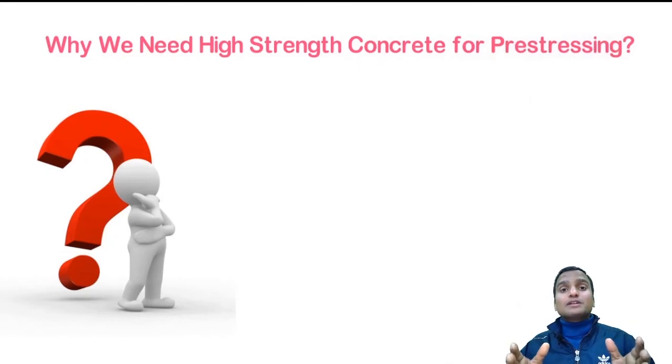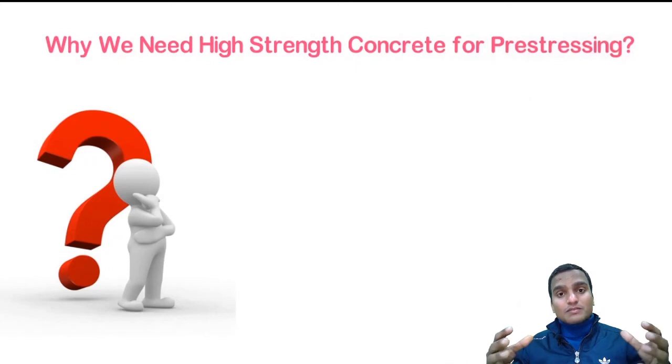But the concrete surrounding the tendon also has to have huge strength, because ultimately that tensile force applied on the tendon is resisted by whom? By the concrete only. Concrete develops compressive forces at the bottom by the bond action, and that huge amount of compressive force can be borne only when the concrete has very high strength. So that's why we provide very high strength concrete for pre-stressing.